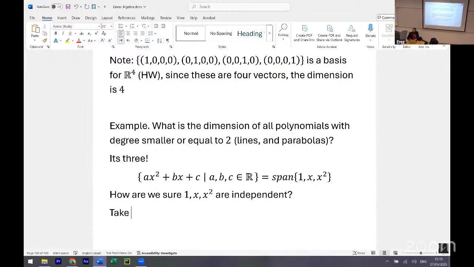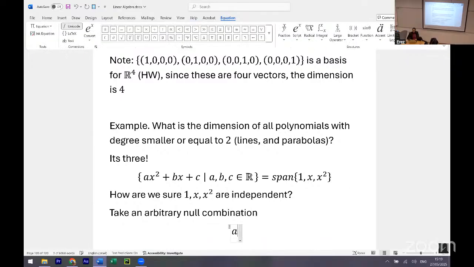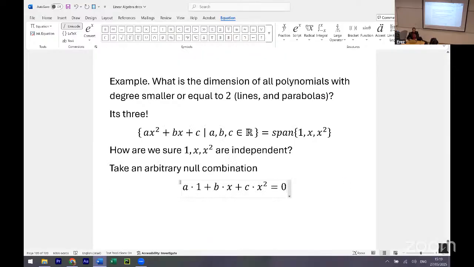Take an arbitrary linear, or a null combination, meaning a times 1 plus b times x plus c times x squared equals 0. Can you deduce that all of the coefficients are 0? I mean, deduce, yes, because... how?